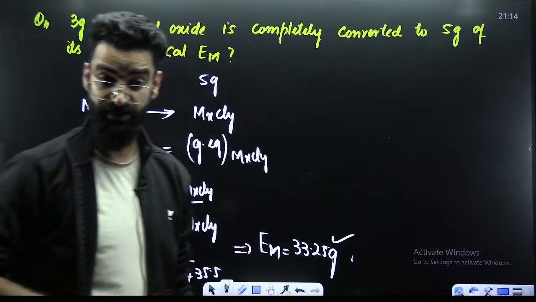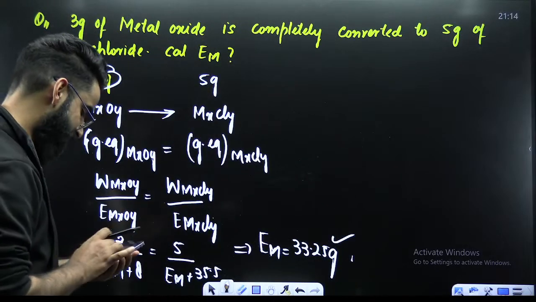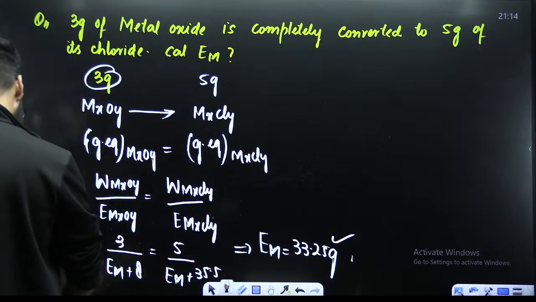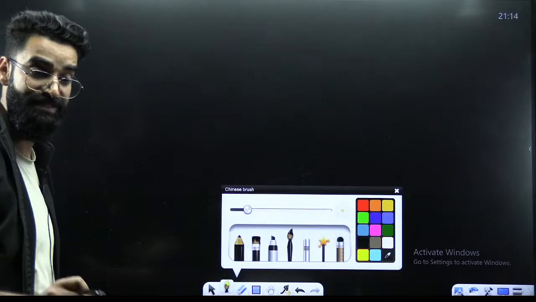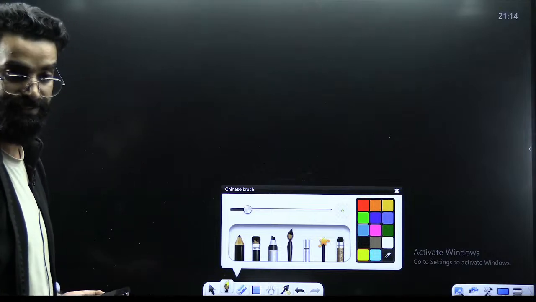I believe you can solve these sorts of questions as well. Now, one last question that I'm giving you as homework, and you will let me know the answer in the comment section right after the video ends.